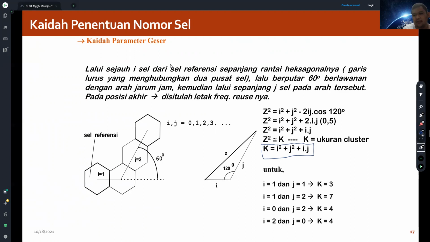So if the number of cells horizontally is only 1 and the number of cells vertically is only 1, then the value of K will be equal to 3. If we have a value of I equal to 1 and the value of J equal to 2, using this equation, we could find the cluster size equal to 7.